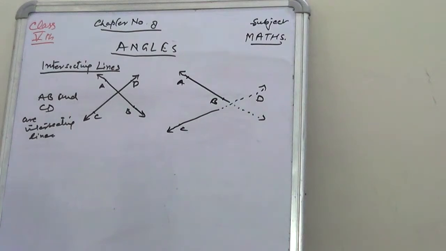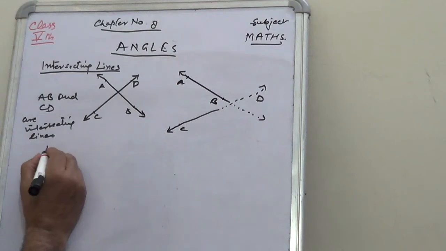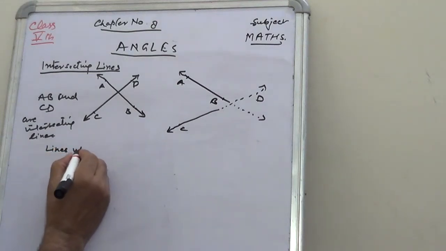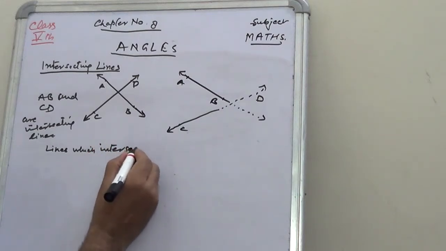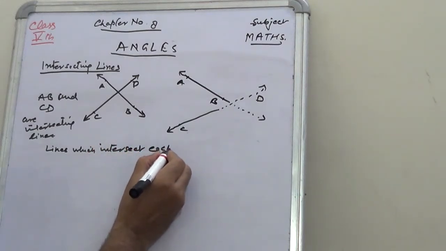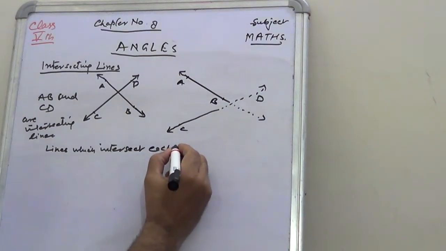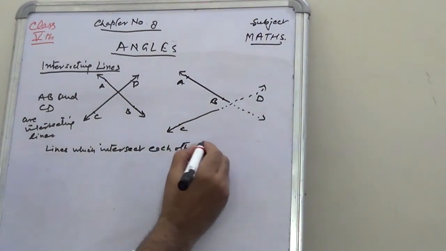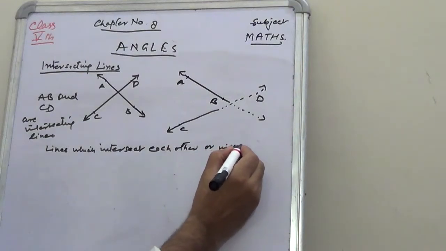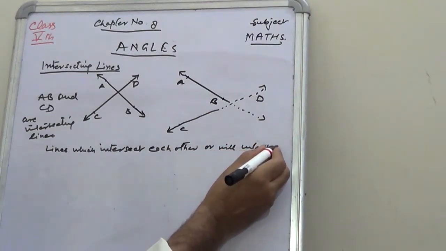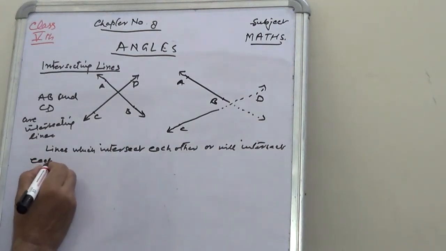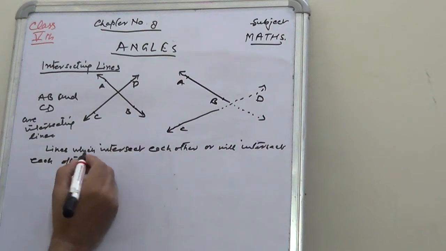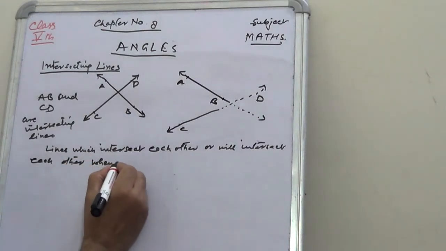And how can we explain them? Lines which intersect each other or will intersect each other when extended.